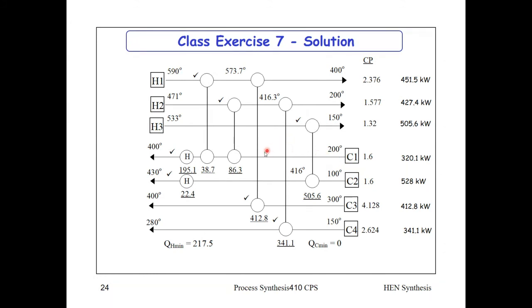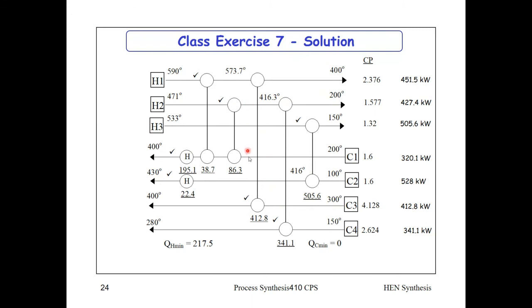So there's 200. Now this temperature of this hot stream ended at 200, but because we put in this heat exchanger over here, it's gone up to 416. And therefore, there's not a problem with this 300 degrees over there. This is already 116 degrees hotter.